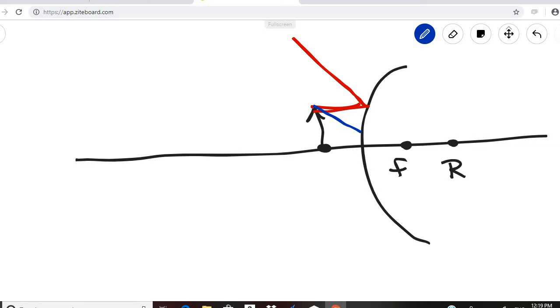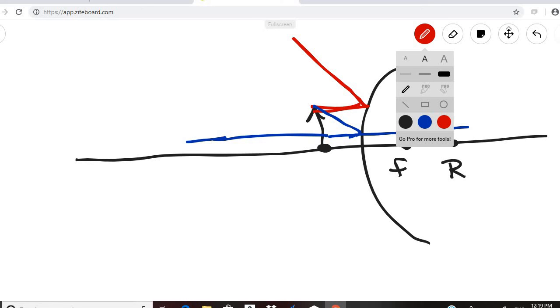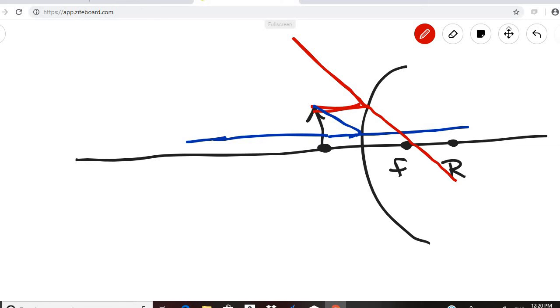So it goes in that direction as if it were going through the focal point, and it would reflect out horizontally. Those two do not intersect with each other, so we have to extrapolate that out, and extrapolate the red one out. So they would intersect at this point right here.